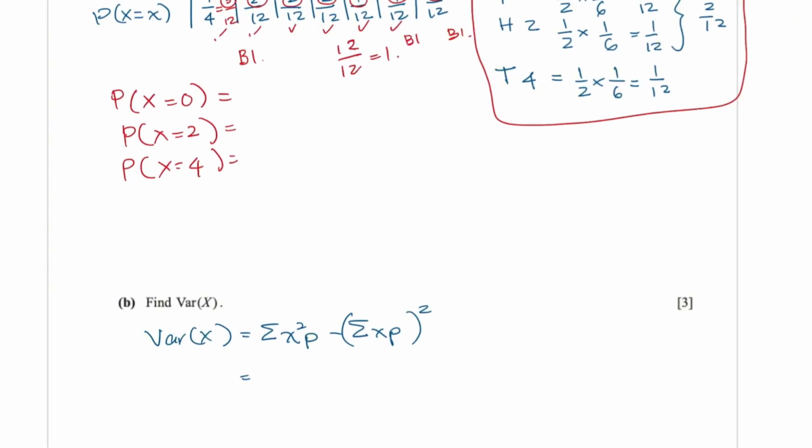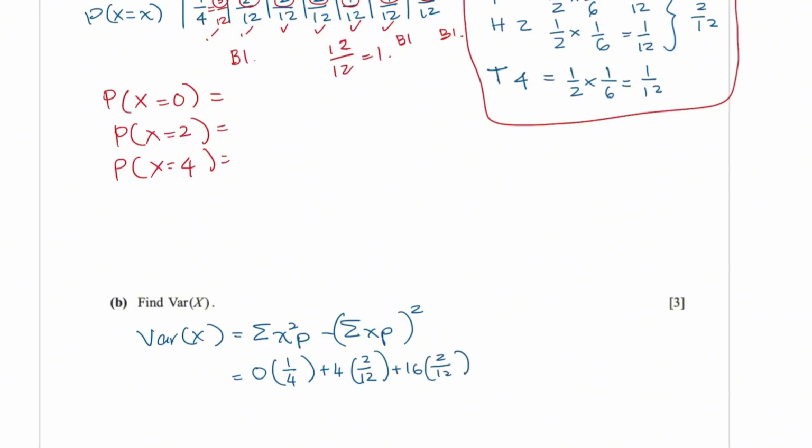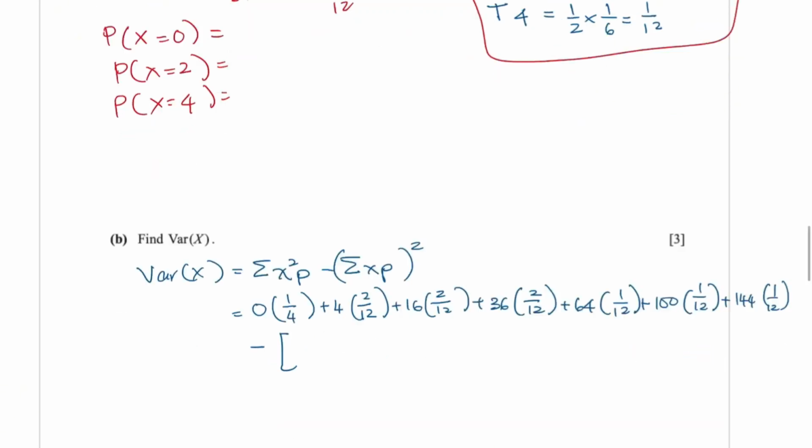Our first situation would be 0. 0 squared is 0, 0 times 1 per 4, added with 2 squared is 4 times 2 over 12. I'm going to speed it up a little. You can just check your final answer afterwards. Okay? To be subtracted with the square of the summation of x times p.